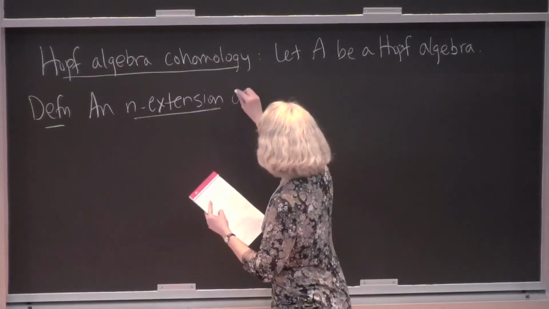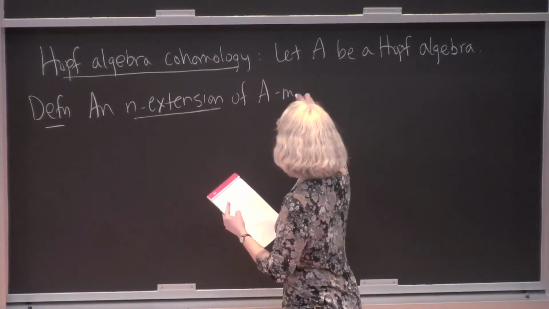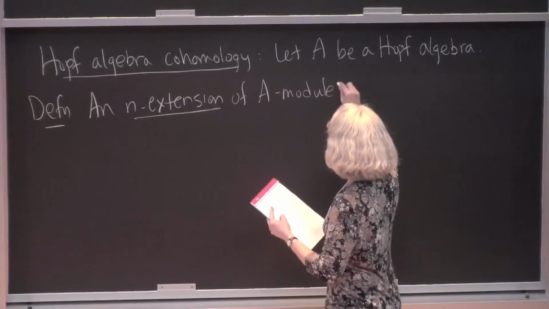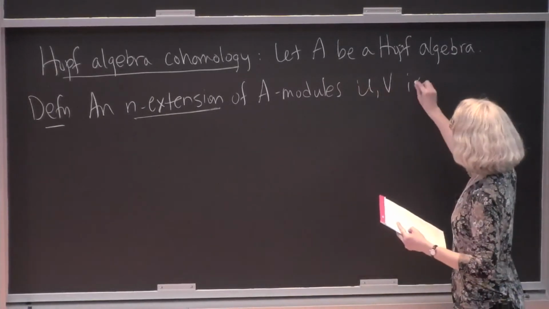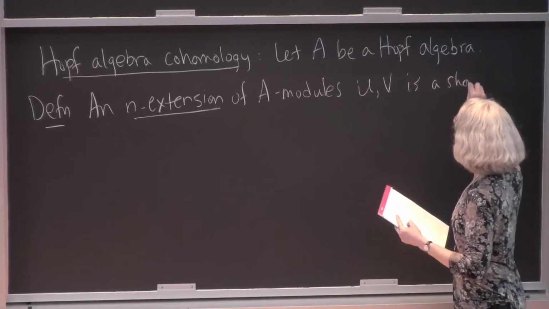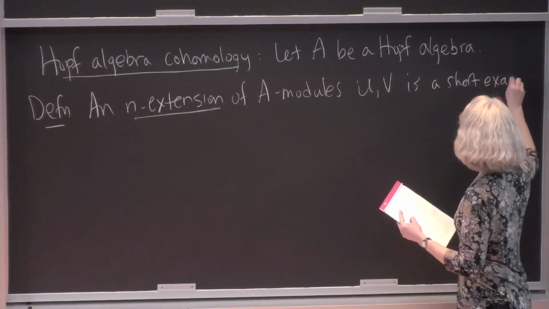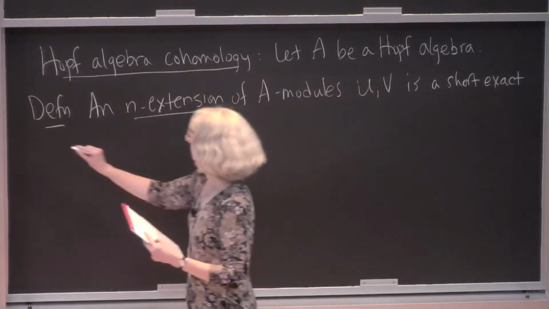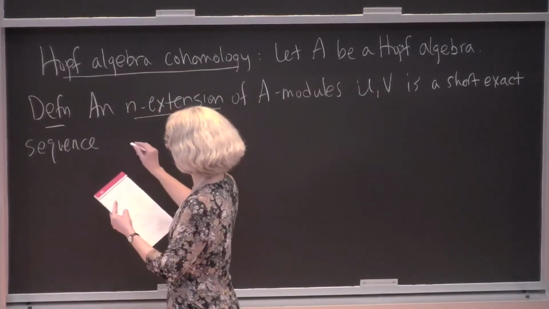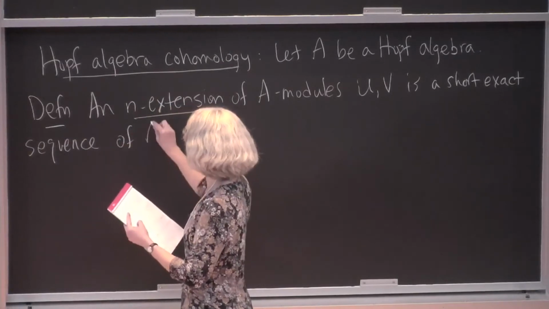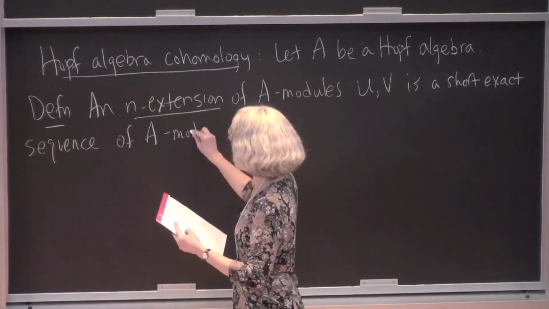An n extension of A modules U and V is a short exact sequence of A modules and A module homomorphisms.